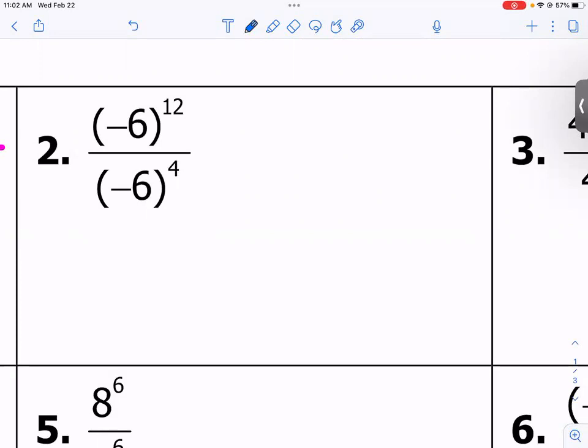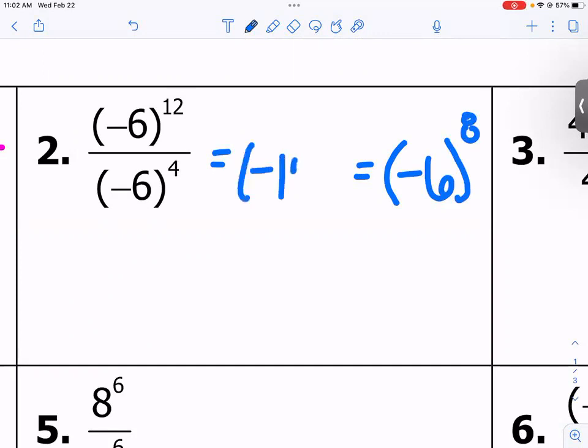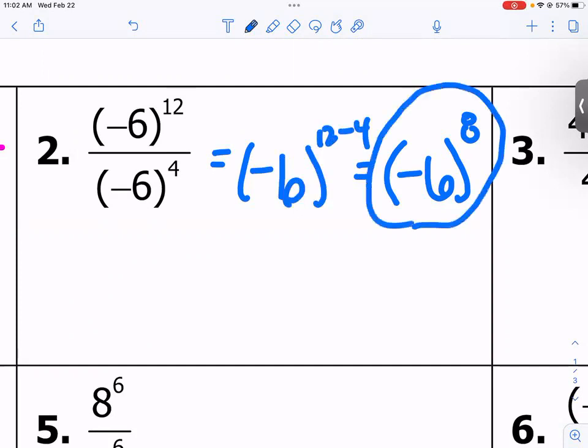Do they have the same written down as you? All right. Olivia, what do you have? Negative 6 to the 8th power. And you got that because you took 12 minus 4. Right? That's so great.